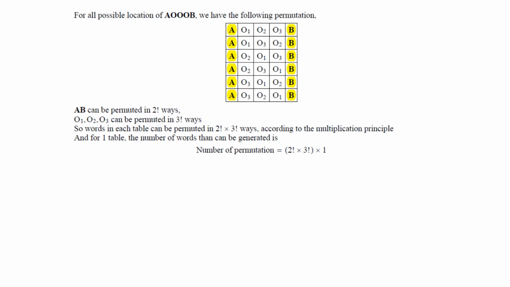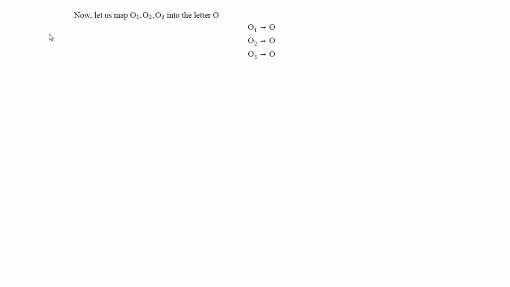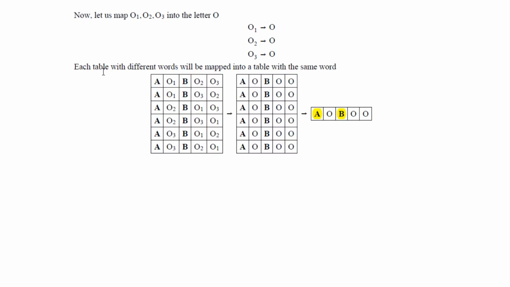Now the number of words that can be generated out of all possible locations of A and B is the sum of all these previous numbers, and is going to be 120, which is 5 factorial. Now let us map the 3 different letters O1, O2, O3 into the letter O. As we see, in this case, each table with different words will be mapped into a table with the same word.